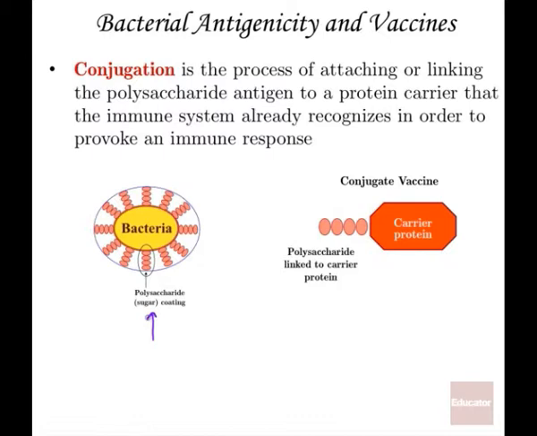So in this case, here we can take a polysaccharide coating, maybe even part of the peptidoglycan layer, and we can insert it into a carrier protein. That carrier protein is a protein that's recognized by the immune system.